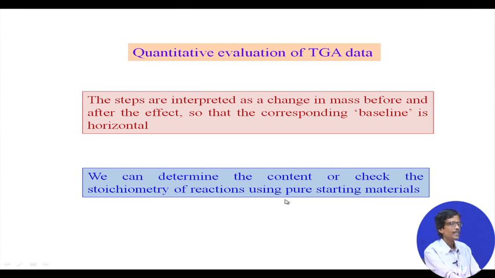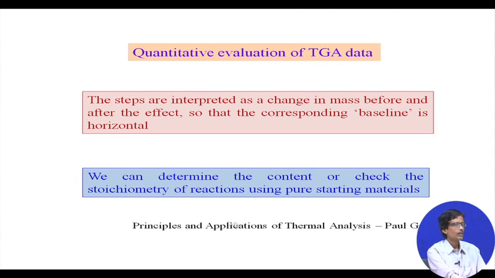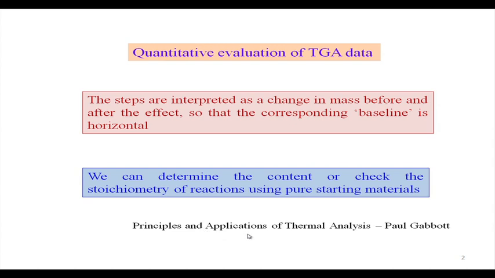So, how do we check this particular plot for quantitative purposes, that means the real plot for any weight loss process? We should have a pure or certified sample of calcium oxalate or magnesium oxalate. We take that sample and heat it, and we record the weight loss at those particular temperatures. This is basically taken from one good book, Principles and Applications of Thermal Analysis by Paul Gabbott, and we have adapted some of these plots from this particular book.